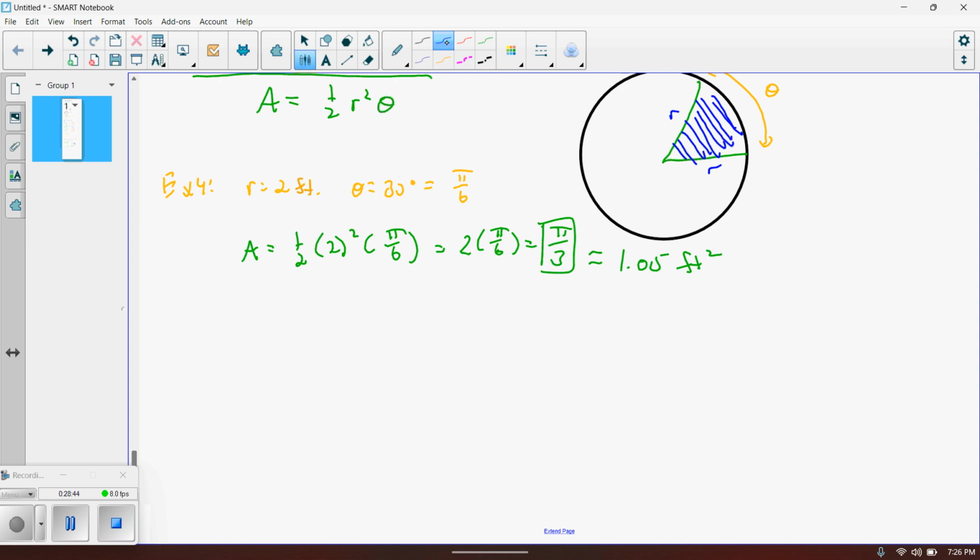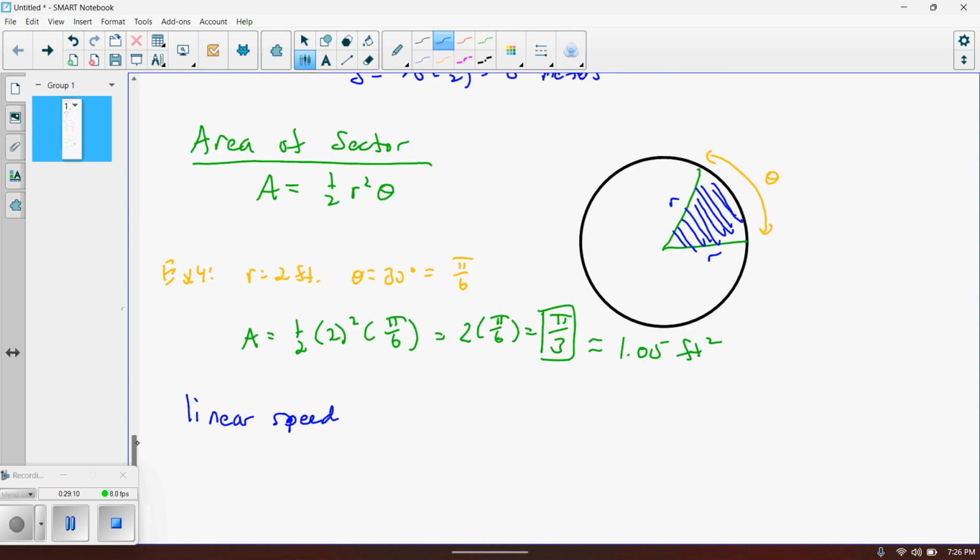You have 2 different kinds of speed associated with motion around a circle. You have what is called linear speed. That's one of them. Kind of an interesting one, because technically we're not on a line when we do this. It's going to be technically around the outside of the curve. But the linear speed is, if you look at this drawing, how fast something would be moving, let's go with red, around the outside of this.